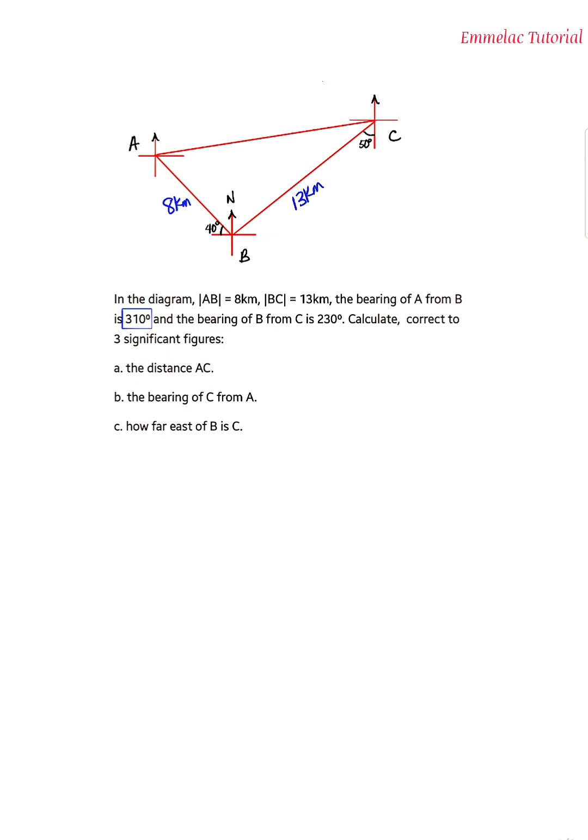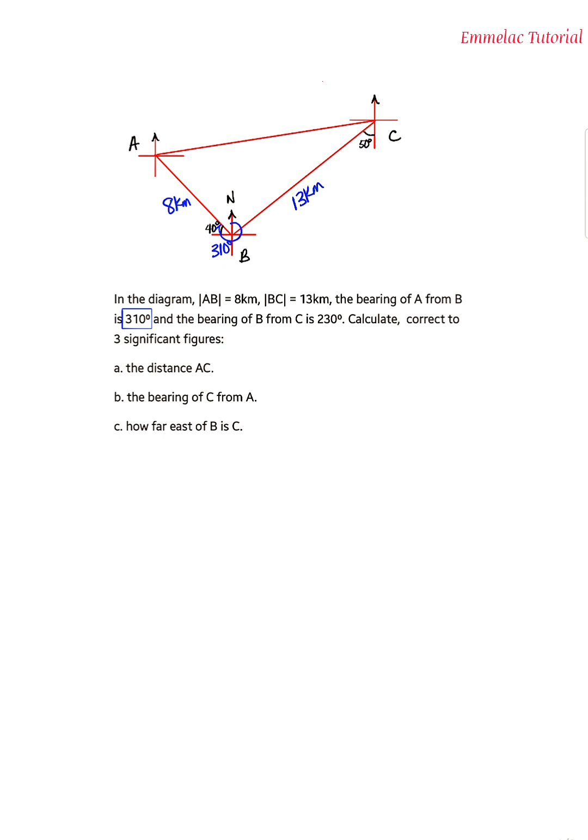What does that imply? That from here, which is B, down to this point is 310. Let's just write it out, 310. Take note, inclusive of this 40 degree. So let's just put that aside.